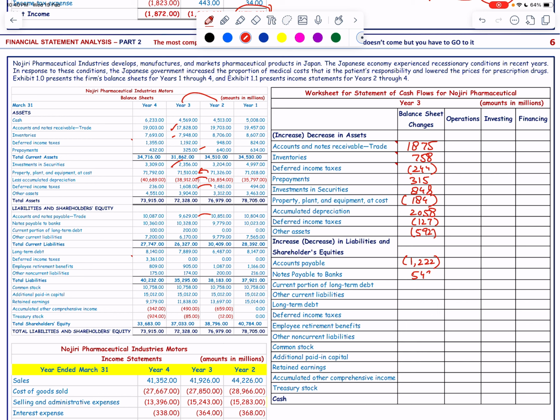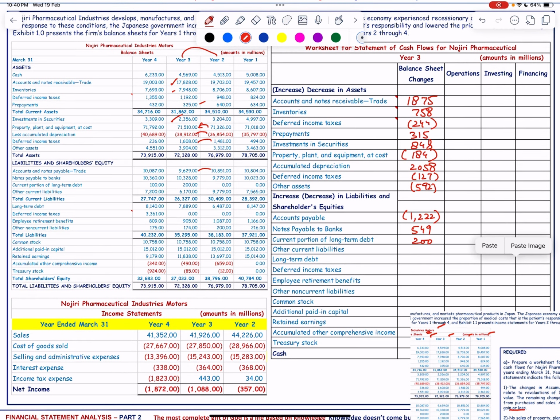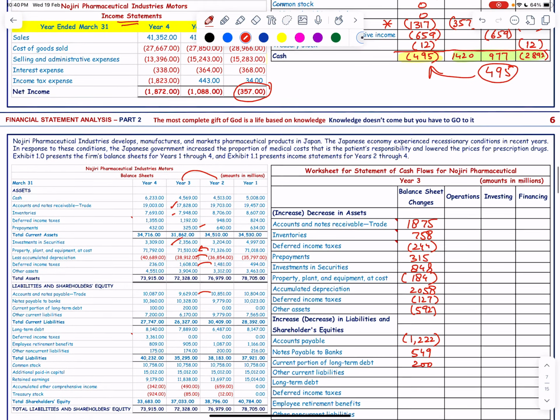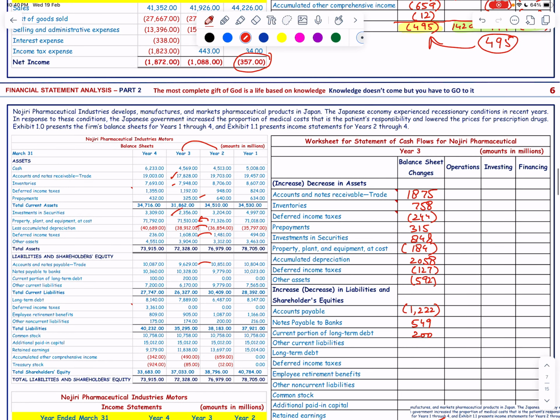Current portion of long term debt is 200. Then other current liabilities, there is a decrease of 3609. So this will be in bracket.